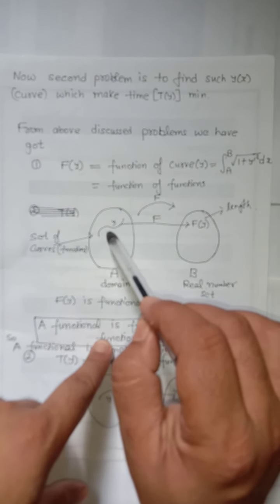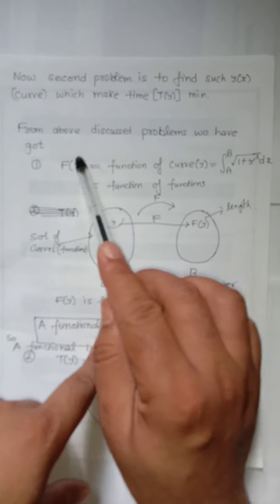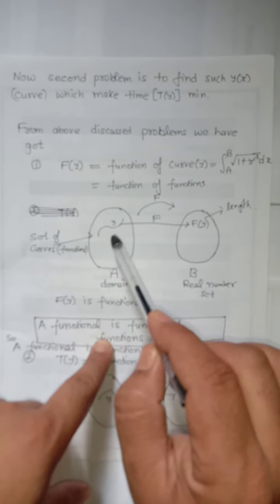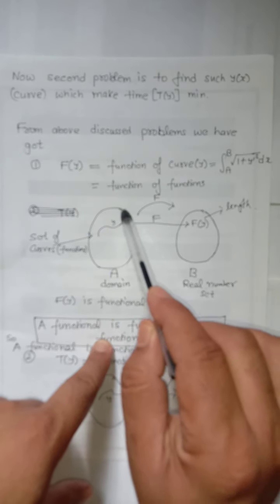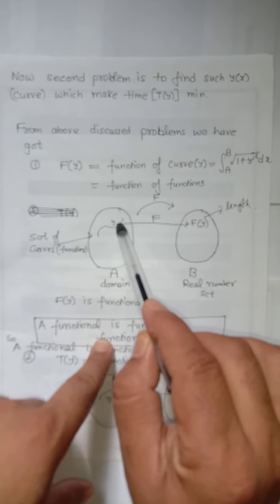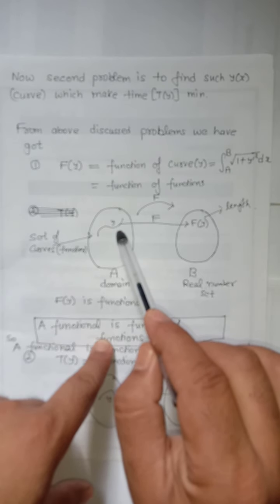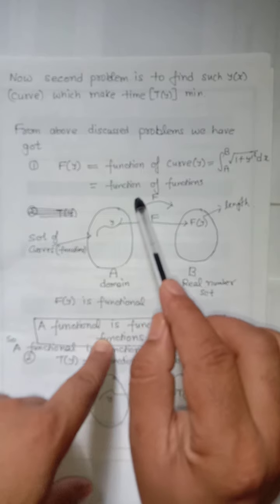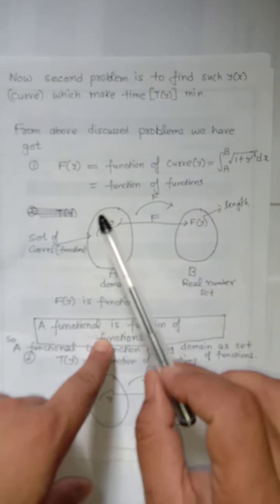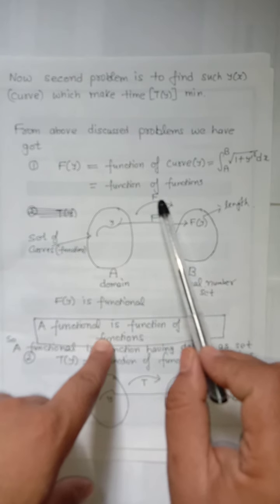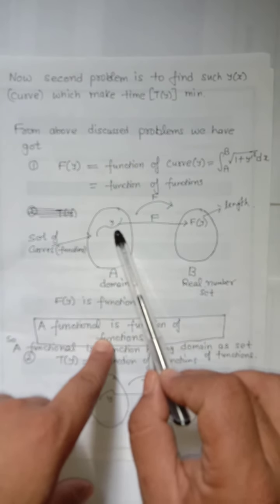And what is a curve? A curve is a function. So what is it? It is a function of a function. This means in this domain there are curves. And what is f doing? F is finding the length of this curve.